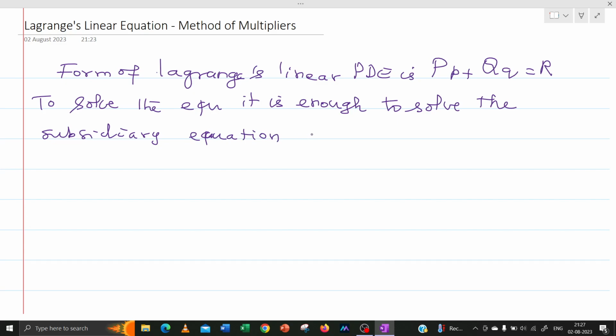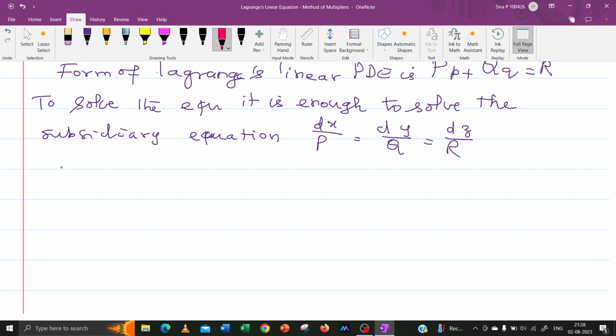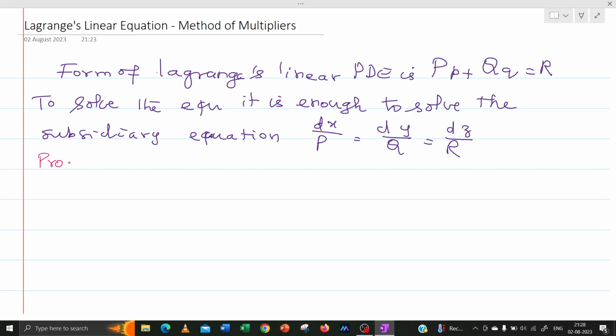What is the subsidiary equation here? dx/P = dy/Q = dz/R. In the method of multipliers, what is the procedure to solve?